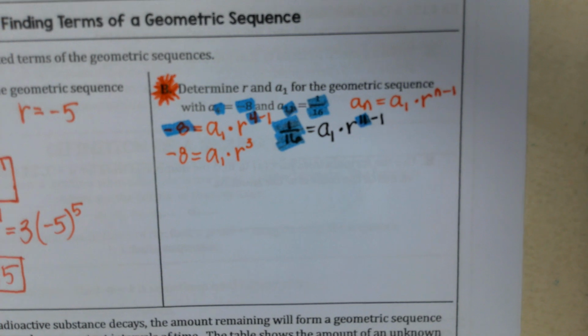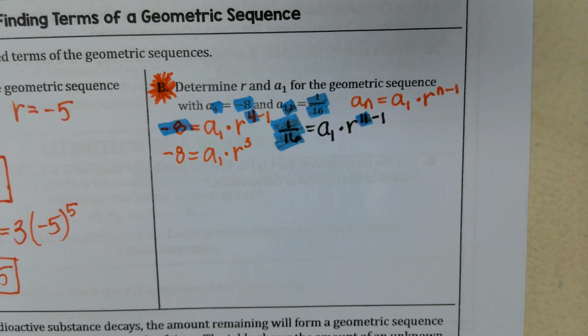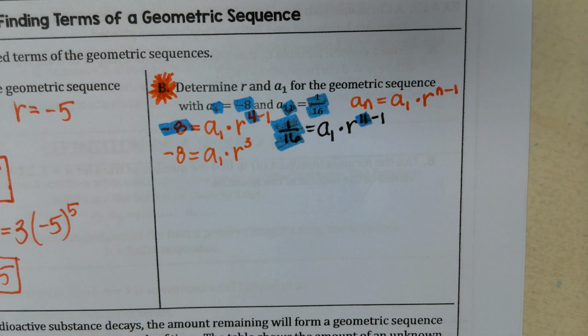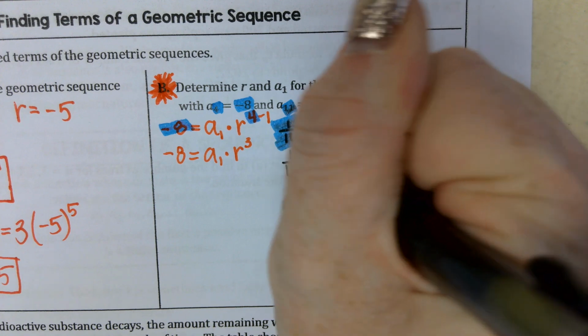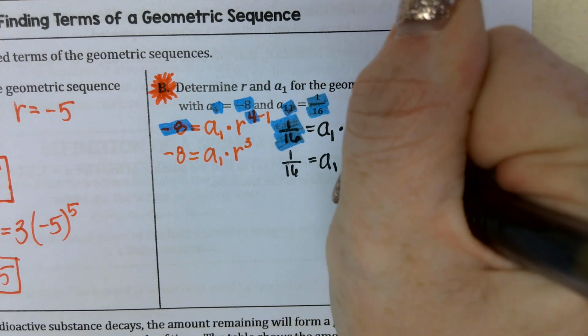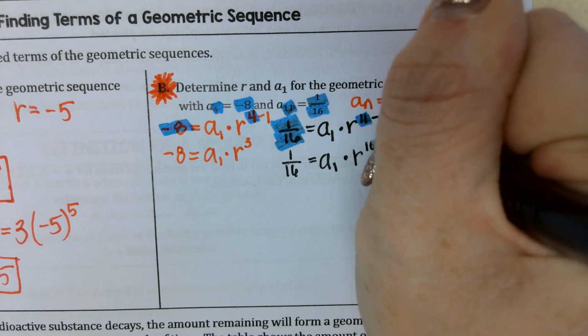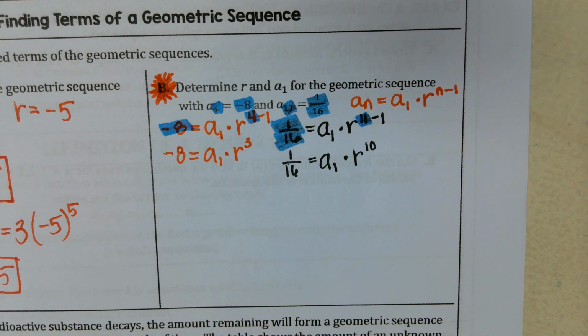All right, I know my highlighter's a little bit dark. Okay? All right, now, right here, I'm going to simplify. I've got 1/16 equals A1 here times R to the 10th.